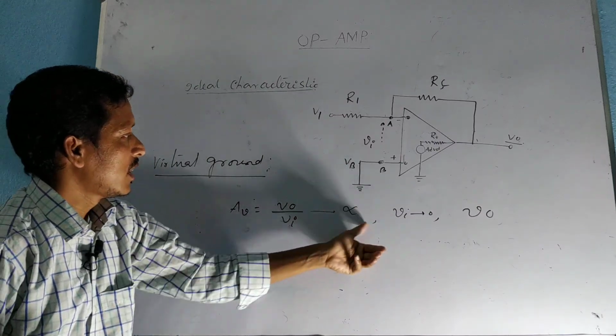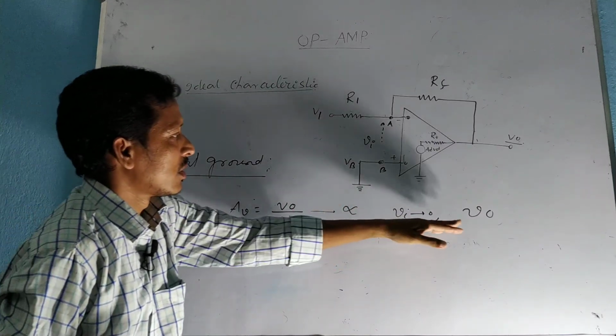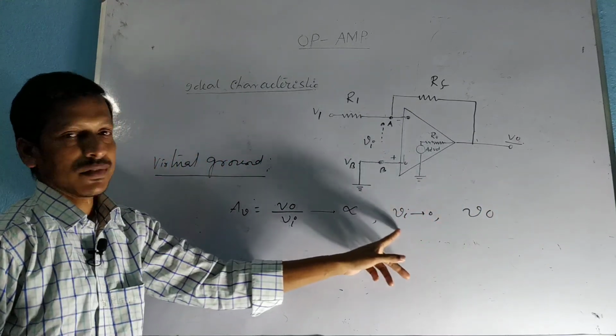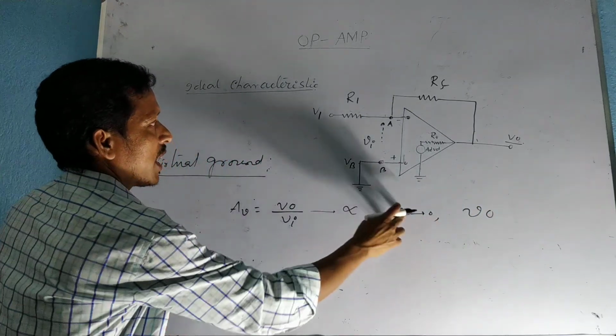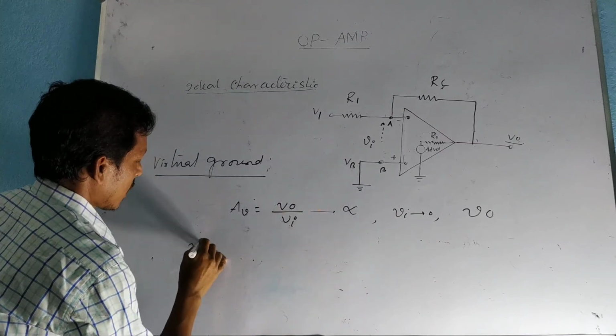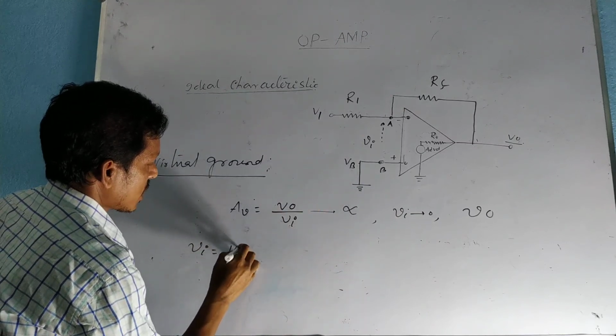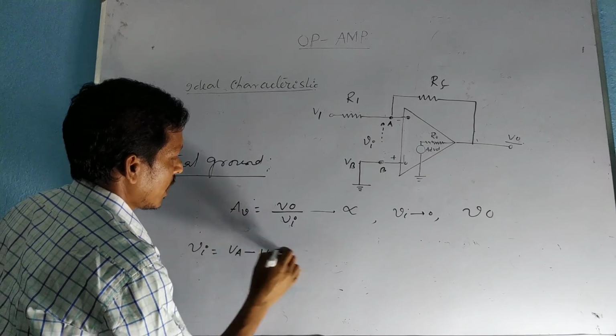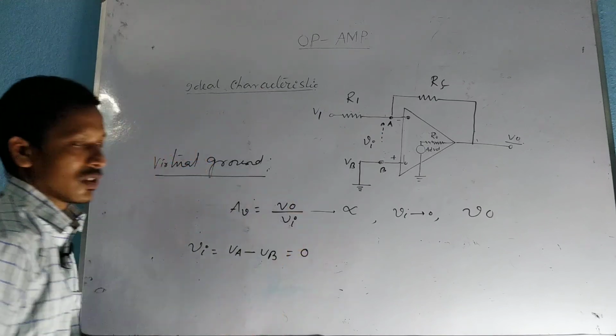Vi equal to 0 means, from the circuit, Vi equals the potential at A with respect to the potential at B, which is equal to 0.